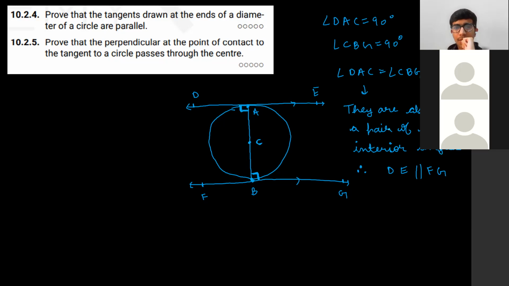Any doubts till this point? Like for this question? No, sir. Right. Okay. So first theorem, a super easy theorem. It's just that the radius is perpendicular to the tangent.